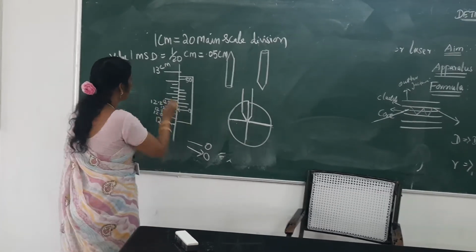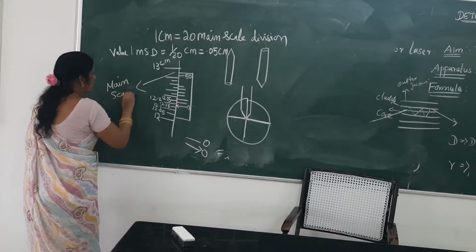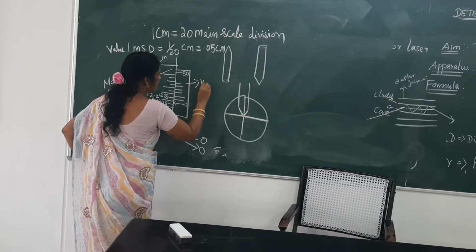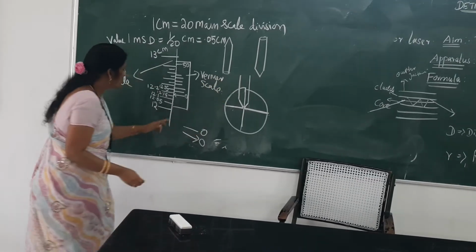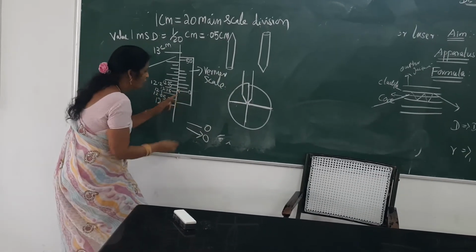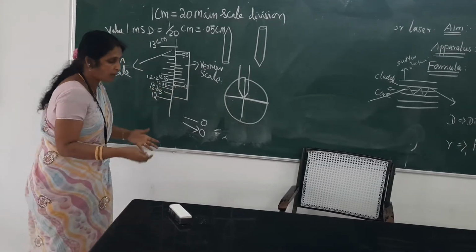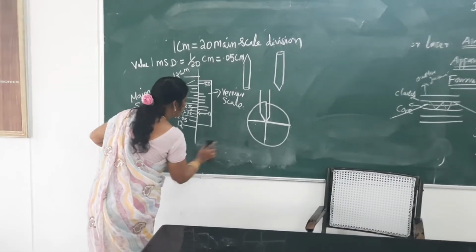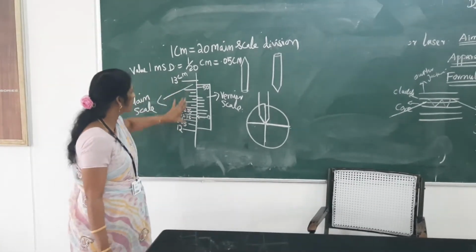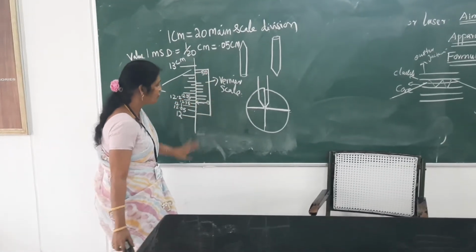Suppose this is the main scale and this is the Vernier scale, with the 0 of the Vernier scale here. How to take the reading, I am going to tell. So the calibration is like this. This is the main scale which is in centimeters, each 1 centimeter is divided into 20 main scale divisions, and this is the Vernier scale having 50 divisions.